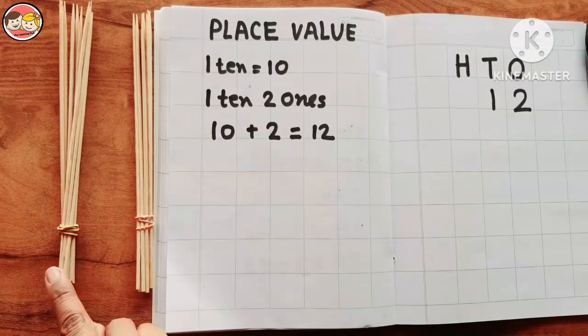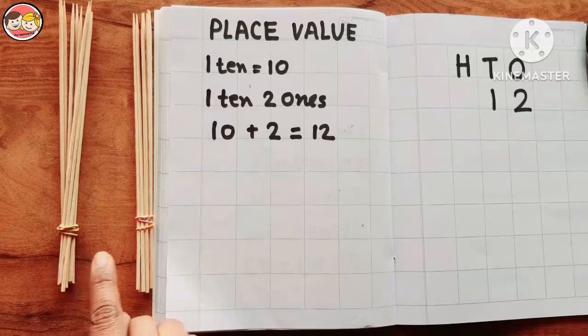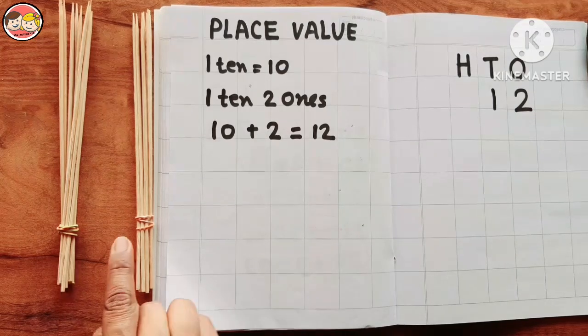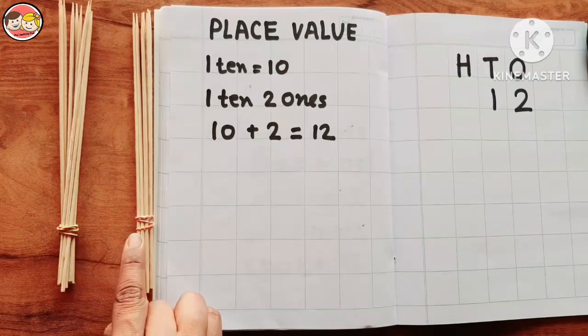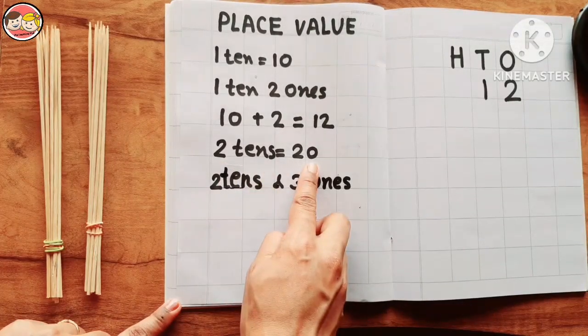Now look here, there are 2 bundles, means 10 and 10, and each bundle has 10 sticks, means 10 plus 10. So 2 tens means 20. Look here, 2 tens means 20.